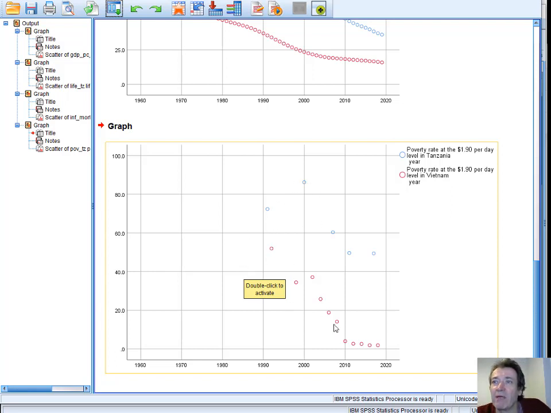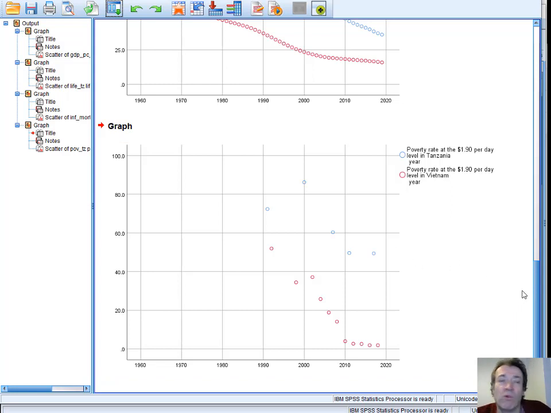You can see that in both cases it's coming down, quite dramatically in Vietnam. In terms of the $1 or the $1.90 per day, down to very low levels. Well, nothing's negligible, but very low. Tanzania is still above 40% of people living on $1.90 a day. So there's severe rural poverty still in the country, despite the general economic performance being good, not filtering through to all the people, unfortunately.